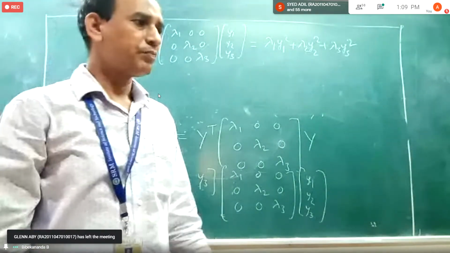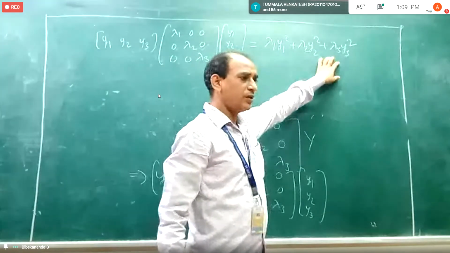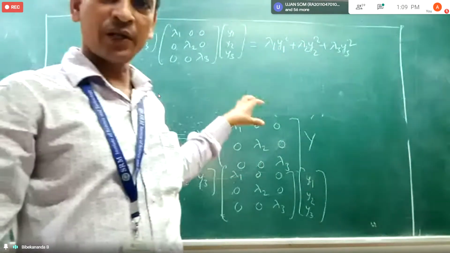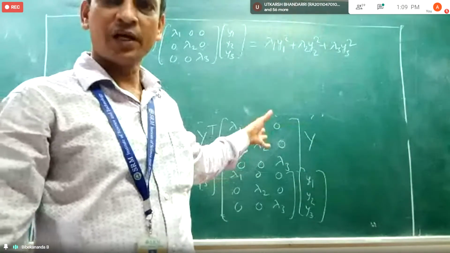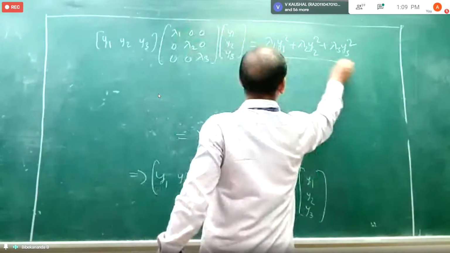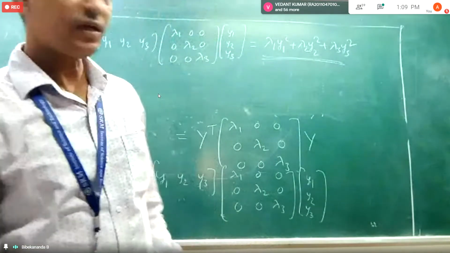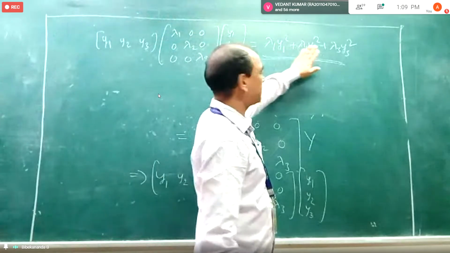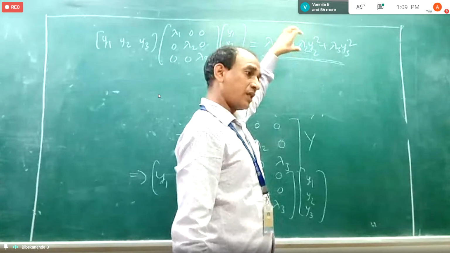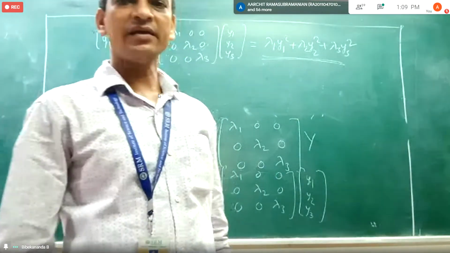Now, depending upon the number of terms here, we can find the index, the signature, and the rank of the canonical form. So this is actually your canonical form. Depending upon the number of terms present, whether they are positive or negative, and depending upon their sign, we can find the index, rank, and signature.